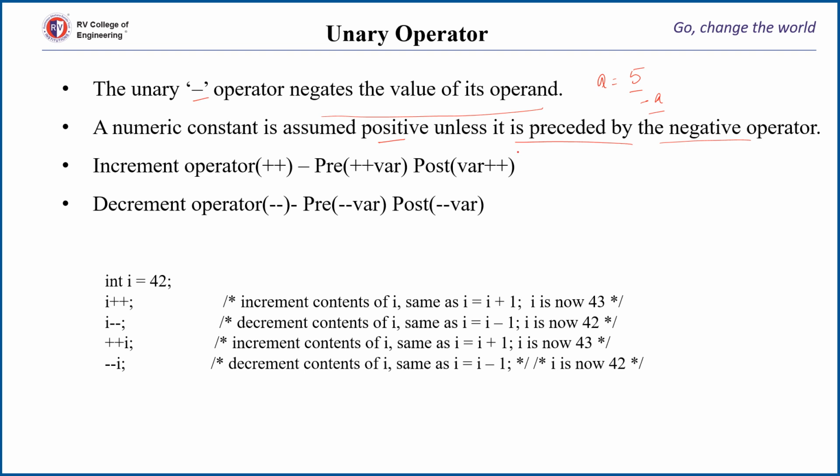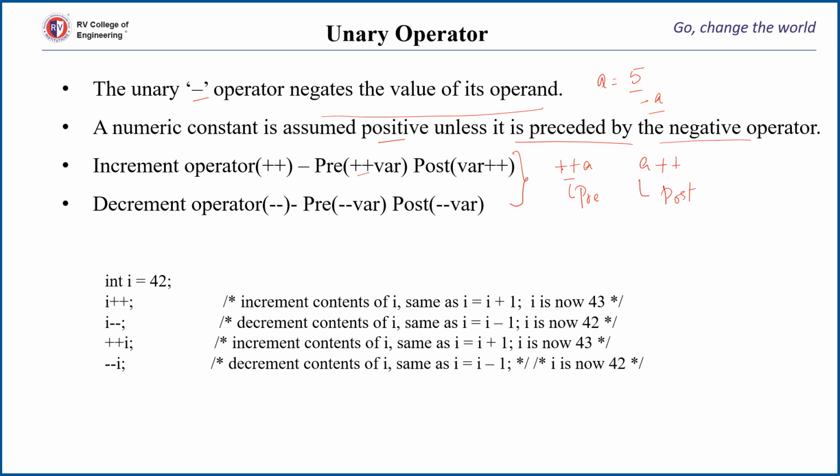Apart from this unary minus, we have two more operators, that is increment and decrement operator. There are two variants again depending upon where you place this increment operator. If you place this increment operator before an operand, this is called pre-increment. If you place the operator after an operand, we call this post-increment.